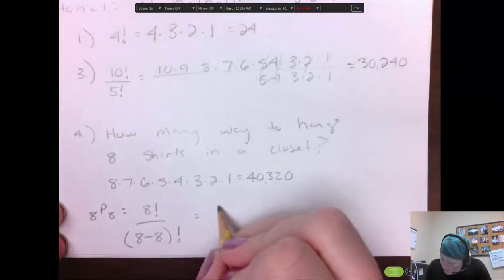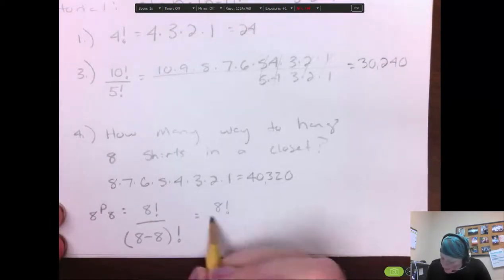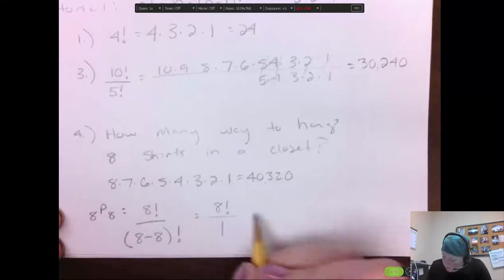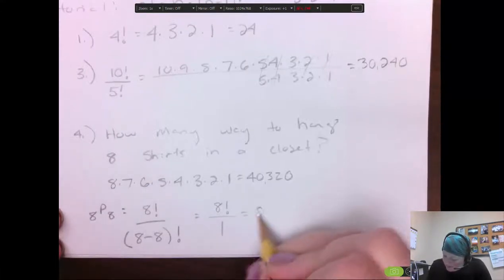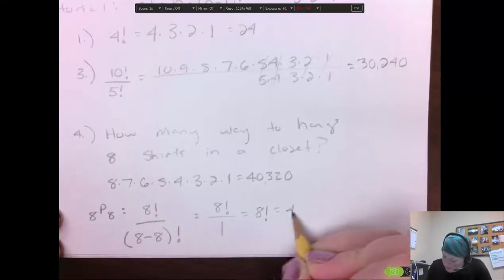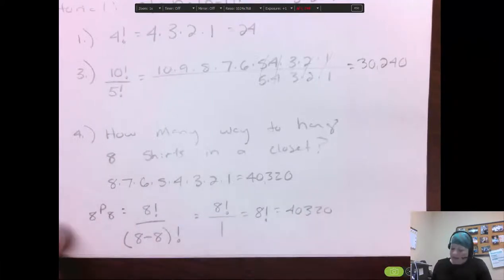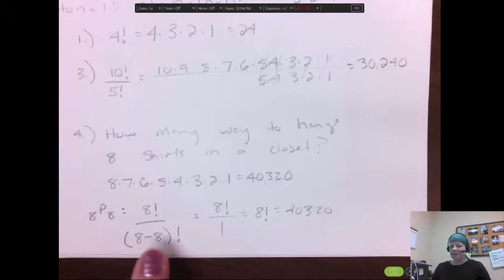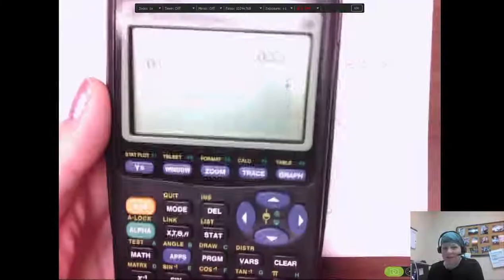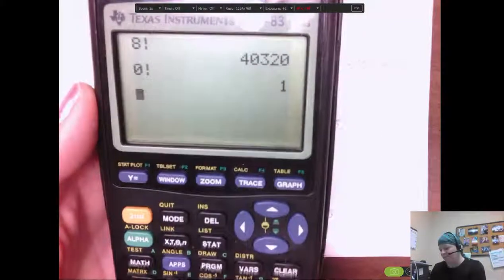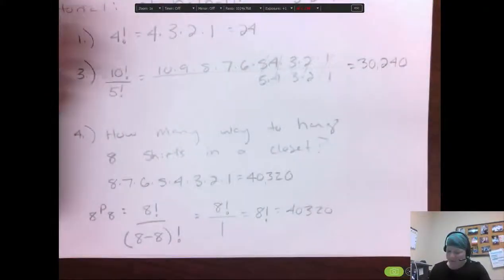Okay, so this 8 factorial over 1, which is 8 factorial, which is the same as the 40,320. Okay, that threw me off for a sec, because I was thinking, I don't know, 0 factorial is actually 1. I put it in the calculator to see what they gave me. So we're okay with this dividing by 0.